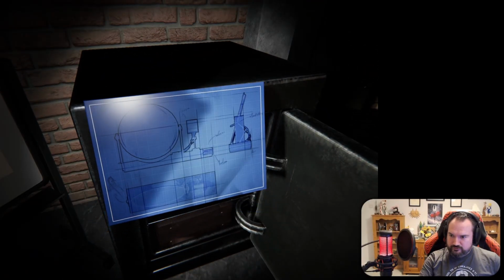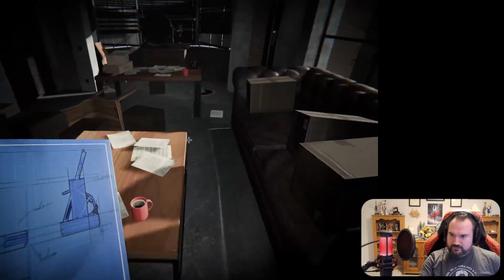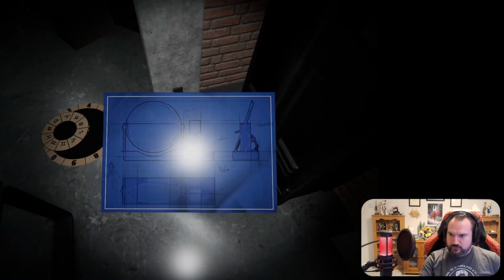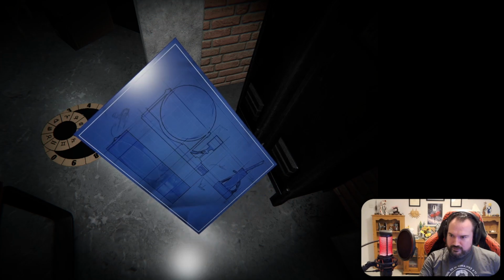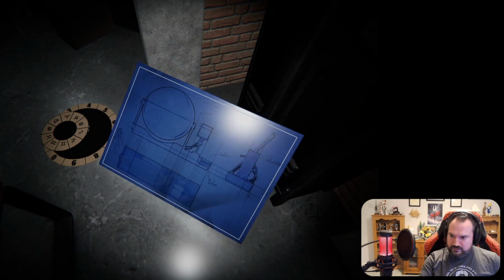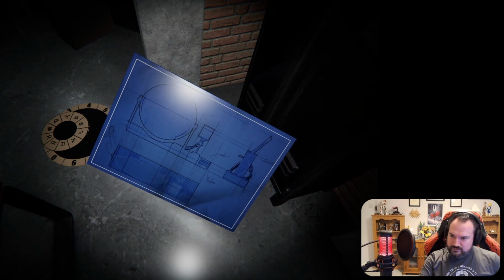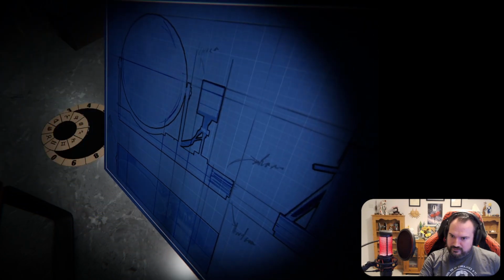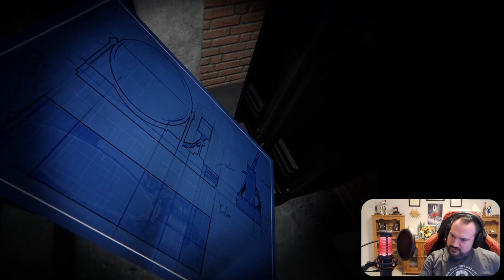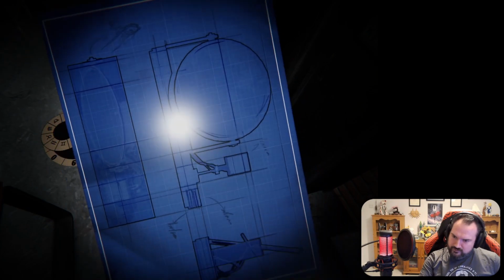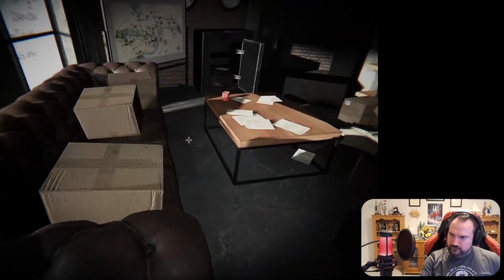Blueprints. We've got blueprints. Let's have a look. Unclear exactly what the blueprints are trying to say to us there.